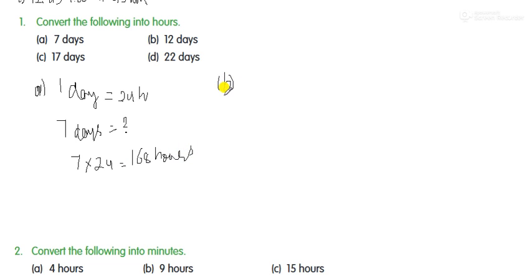The B bit is 12 days. Here 1 day equals 24 hours, and 12 into 24 is 288 hours.